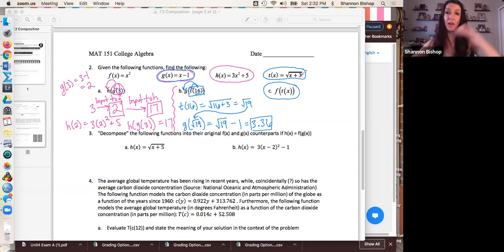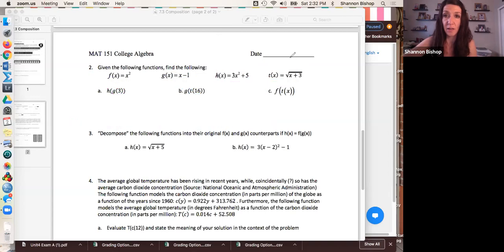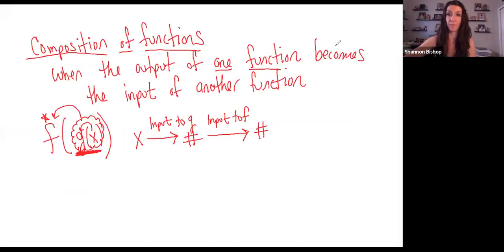Okay, so f of t of x, and I'm gonna write down what f was. So f is x squared, f of x is x squared, and t is the root x plus 3. Okay, so f of t of x.